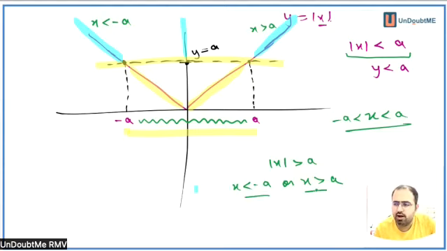Inequalities will be our topic and focus for the next lecture also. I'll tell you some more facts about inequality, quadratic inequality, how do we deal with it. So is it clear now for mod? Anyone have any doubt? No.